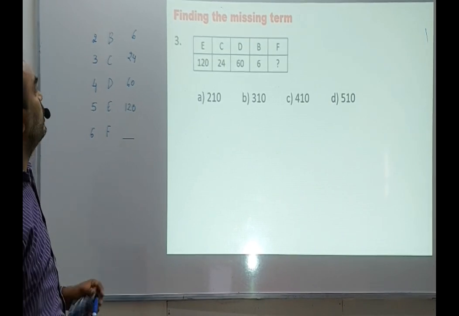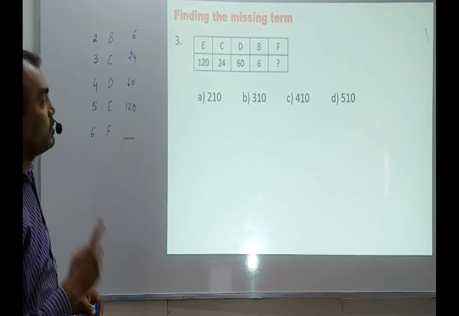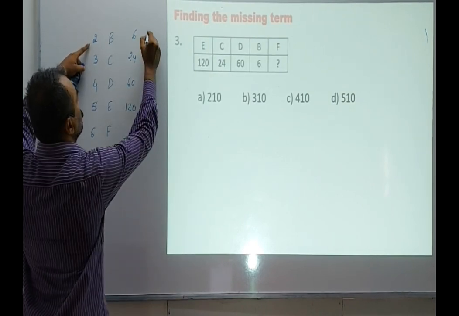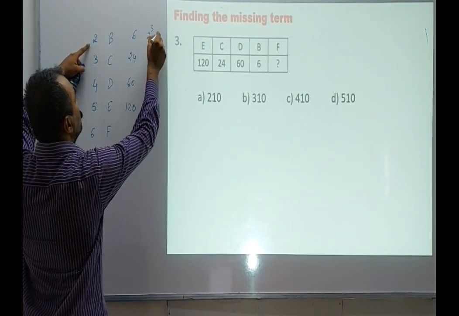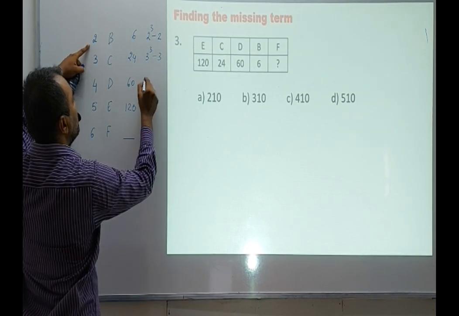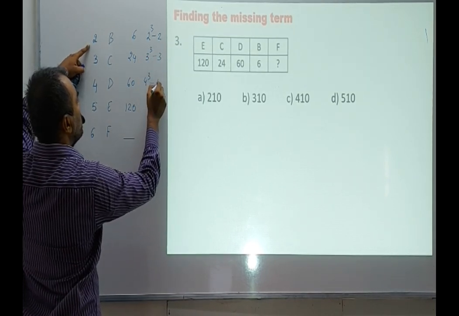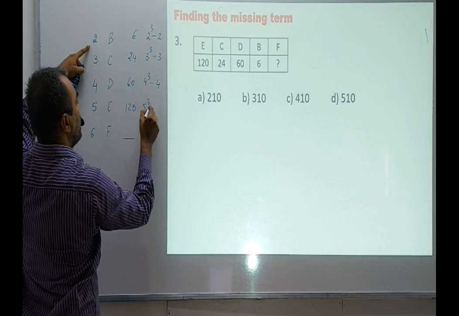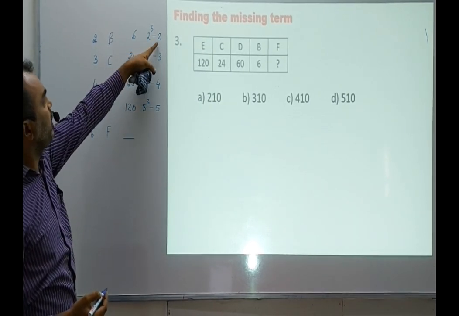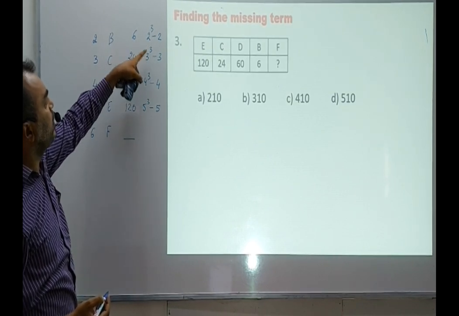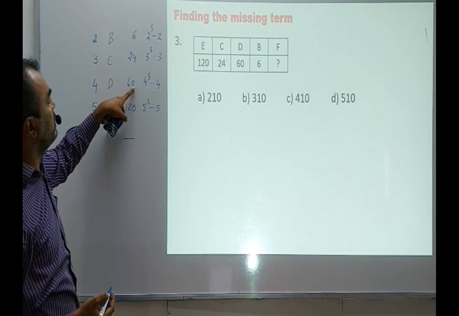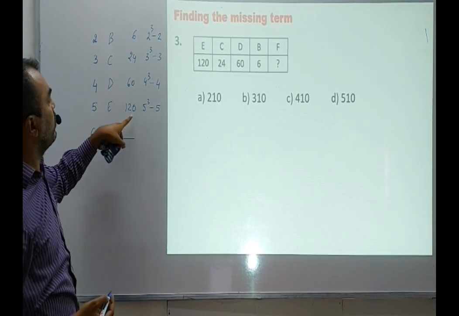So I'm going to give you the hint here. In the test you have to remember this kind of logic. What I'm going to do: 2 cube minus 2, 3 cube minus 3, 4 cube minus 4, 5 cube minus 5. 2 cube is 8 minus 2 is 6, 3 cube is 27 minus 3 is 24, 4 cube is 64 minus 4 is 60, 5 cube is 125 minus 5 is 120.